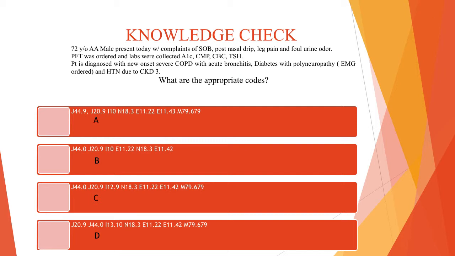Patient is diagnosed with new onset severe COPD with acute bronchitis, diabetes with polyneuropathy, an EMG was ordered, and hypertension due to CKD3. What are the appropriate codes? Please take a moment to review the case study and choose the appropriate codes.